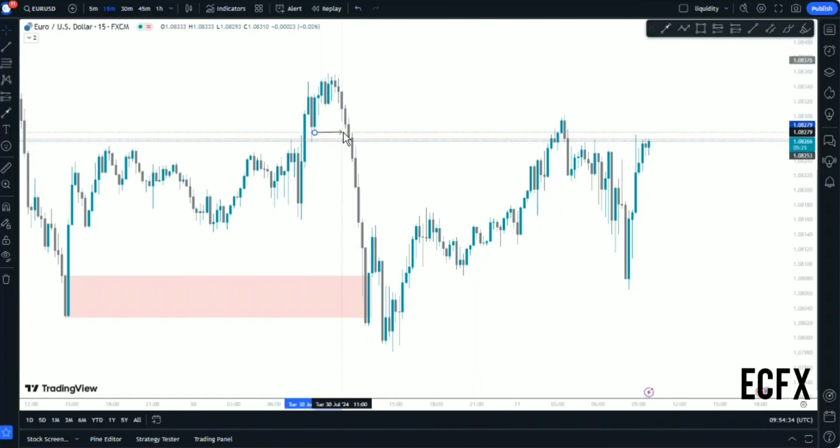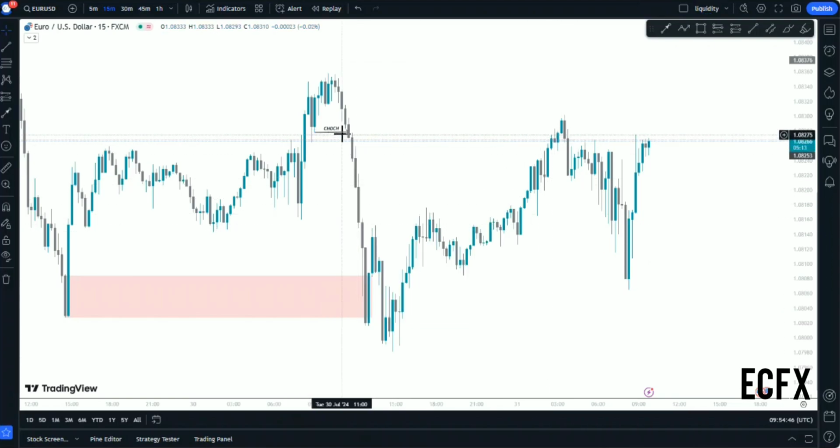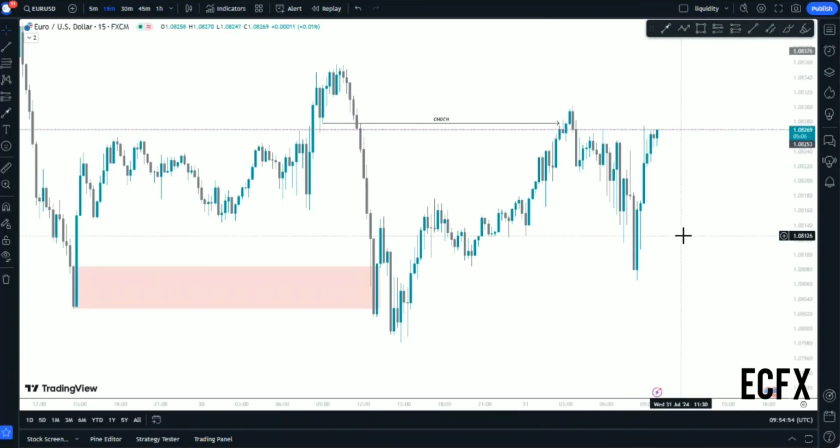Since this level over here is our first change of character, we would have just targeted the level where the change of character occurred for our take profit.